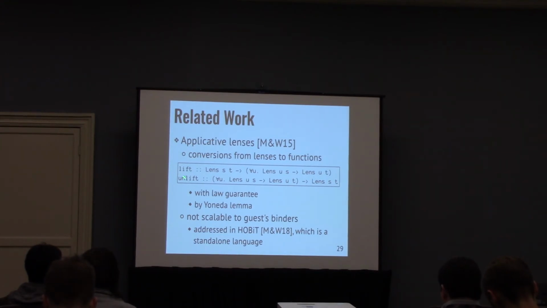It has a lift function that converts a lens to a polymorphic function, and also provides unlift, which takes a polymorphic function to a lens. This is based on the Yoneda embedding. But this is only for functions and does not scale to other kinds of binders like case expressions. This problem is addressed in our recent work, but that is a standalone language. This means that language can also benefit from our technique.